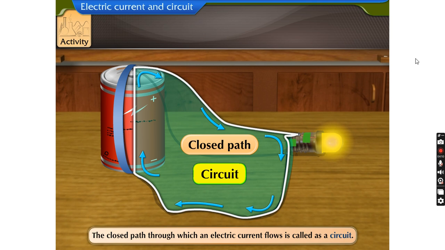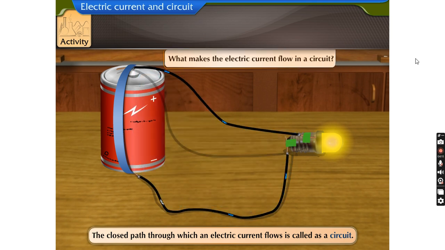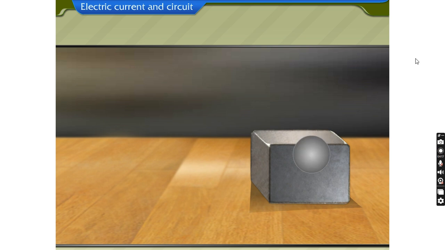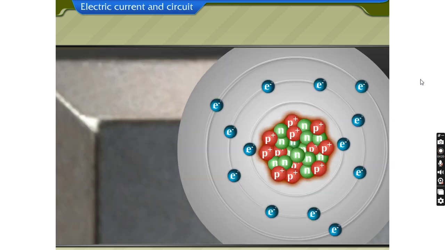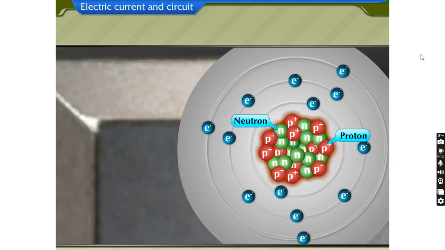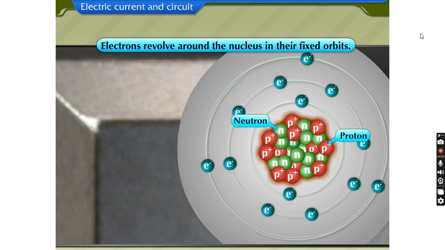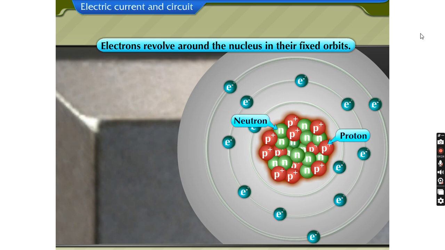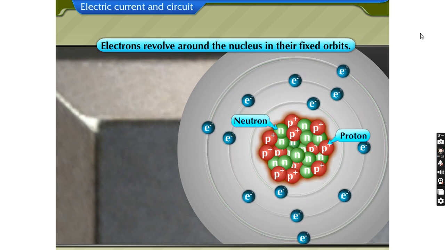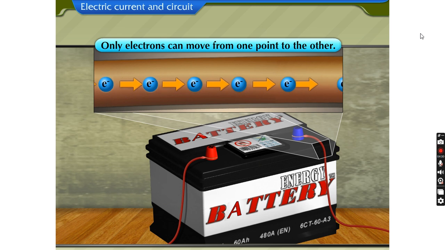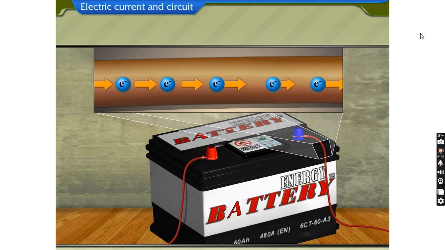Let us understand what makes the electric current flow in a circuit. Matter is composed of atoms, and every atom has protons and neutrons present inside its nucleus. While the electrons revolve around the nucleus in their fixed orbits, only electrons can move from one point to the other, unlike protons and neutrons, which are fixed inside the nucleus.